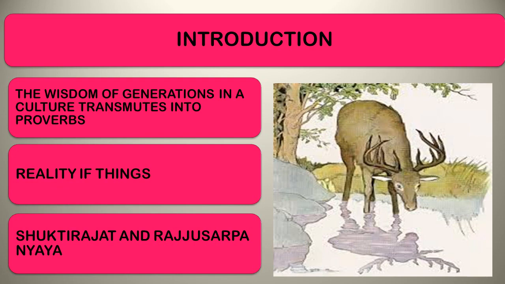A shell shining in the sun's light, viewed from a distance, looks like a piece of silver, but a closer view reveals that it is a shell. Similarly, if we see a rajju, that is a rope, lying wriggly from a distance, we get scared thinking that it is a snake.